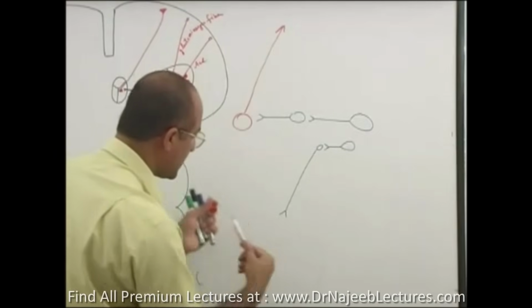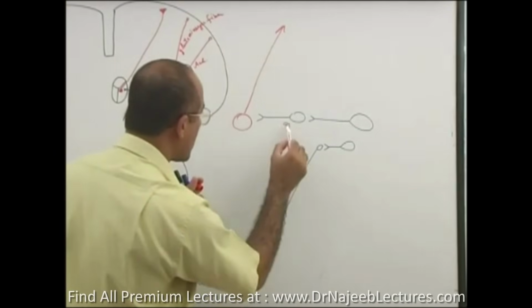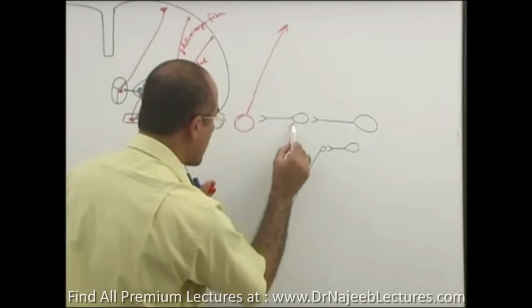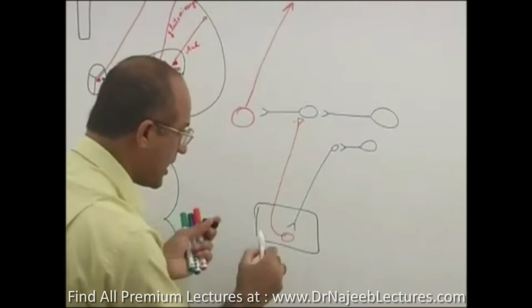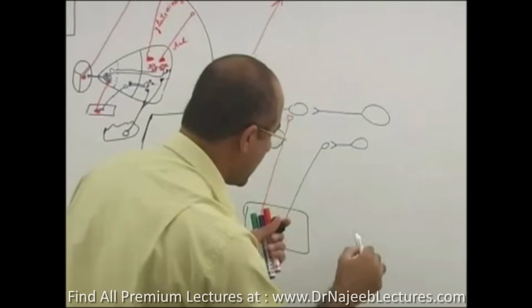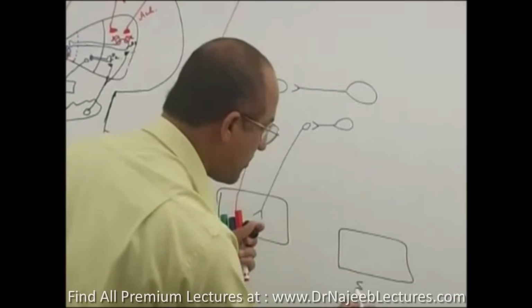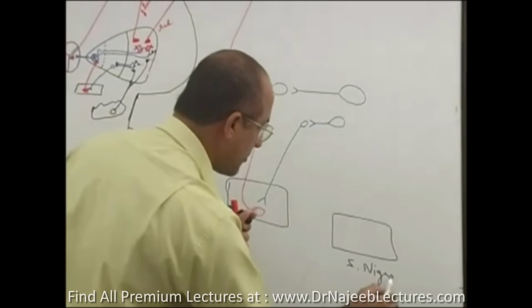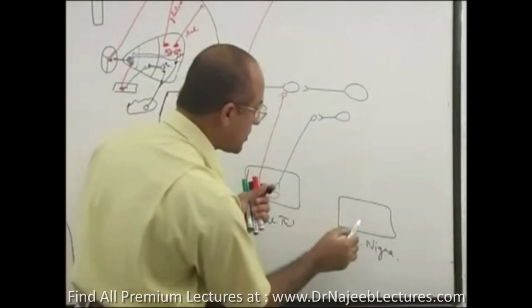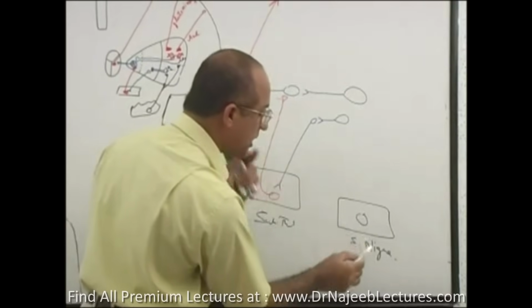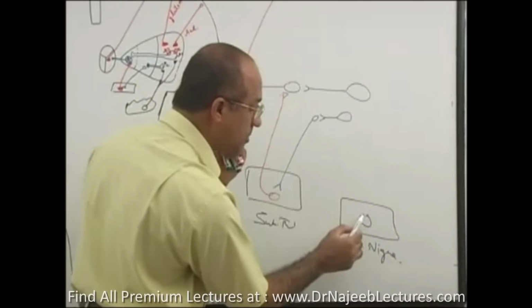And from subthalamus, clear? This is your, what is the subthalamus? And here is your substantia nigra. Here is your subthalamus. From substantia nigra, especially it has special area called pars compacta.